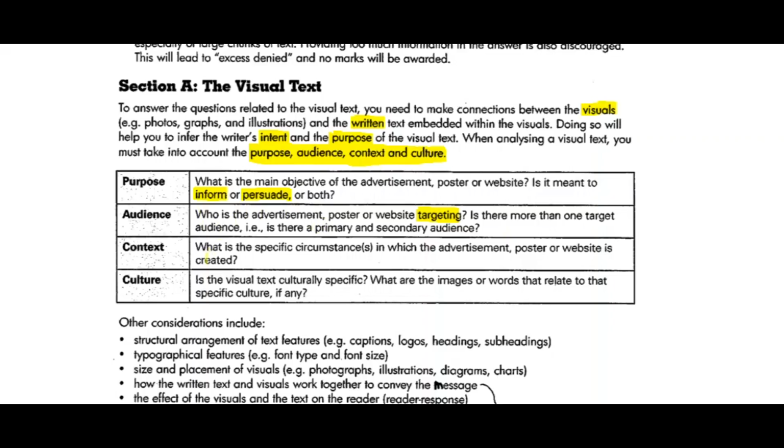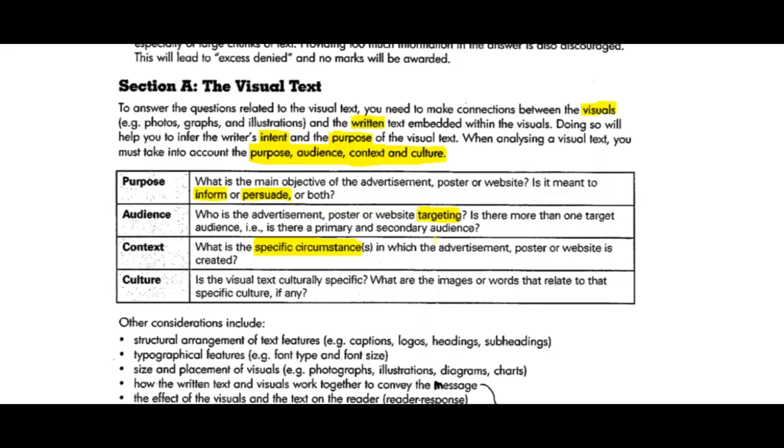So context means what's the specific circumstance for which this visual text is created. Sometimes, as you can see later on, maybe in the case of money lending, the circumstance is that you're trying to get people to look out for illegal moneylenders.